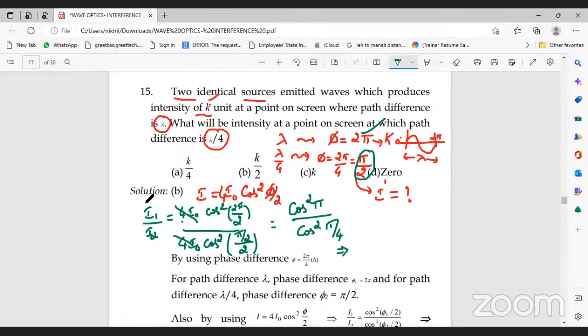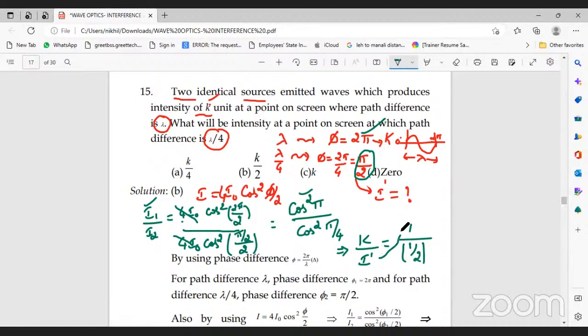This implies, what is the first intensity? K. The second intensity you have to calculate, I dash. What is cos squared pi? Cos pi is minus 1, and minus 1 squared will be 1. Cos pi by 4 is 1 by root 2, so cos squared pi by 4 means 1 by 2.